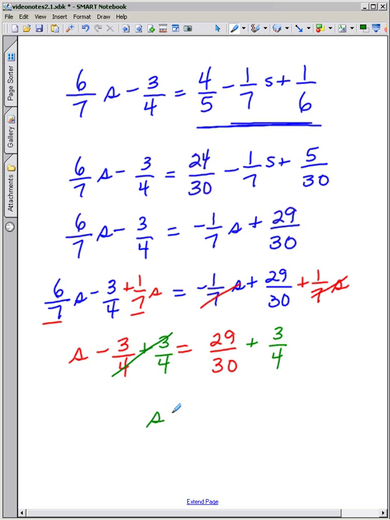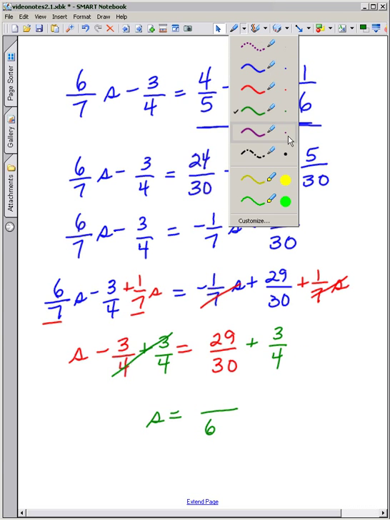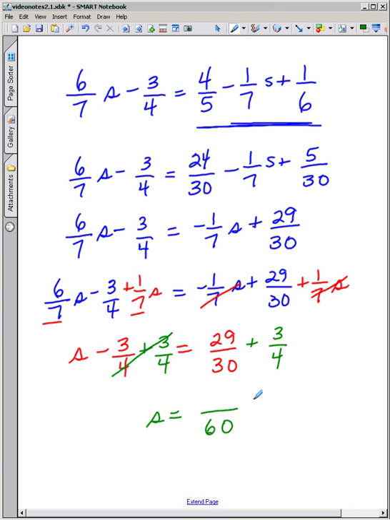We just get s is equal to, now we have to find a number that both 30 and 4 go into. And I believe 30 and 4 both go into 60. So 30 goes into 60 2 times. 2 times 29 is 58. 4 goes into 60 15 times. 15 times 3 is 45.